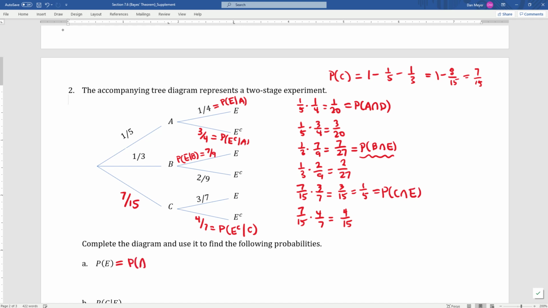That would be the probability that E happens with A, plus the probability that E happens with B, plus the probability that E happens with C. That'll be 1/20th plus 7/27 plus 1/5.